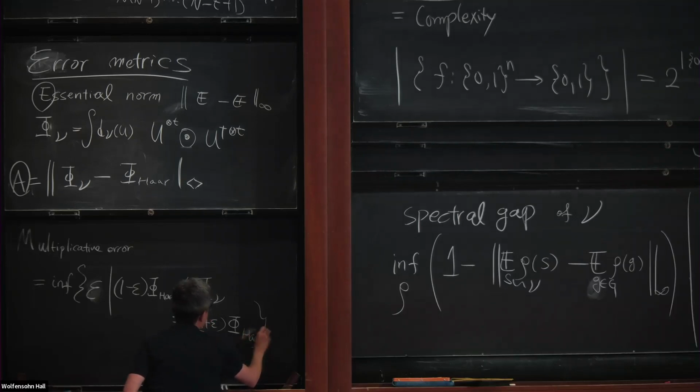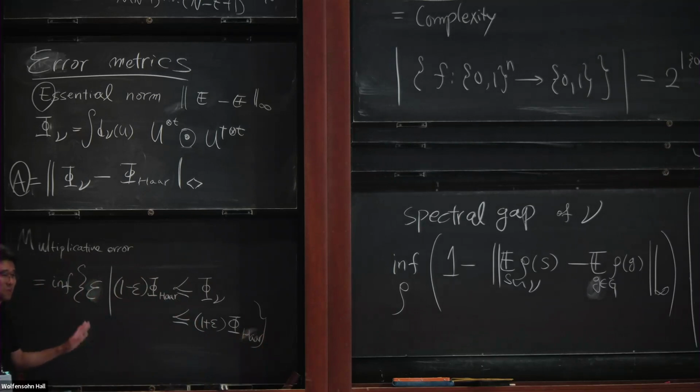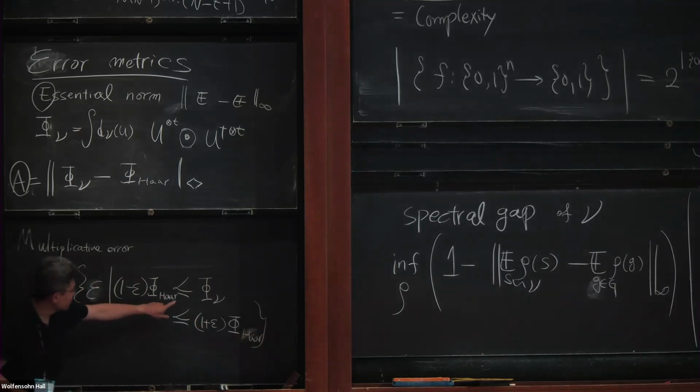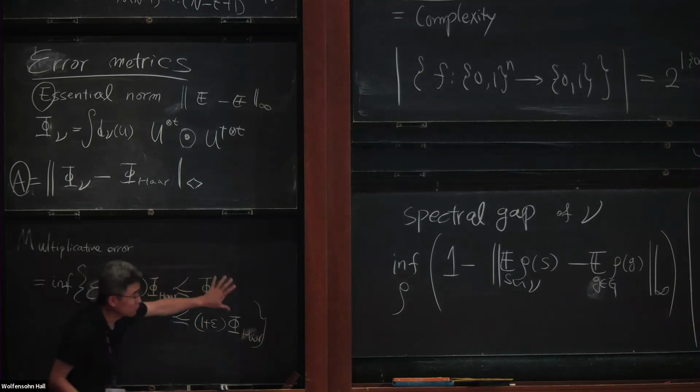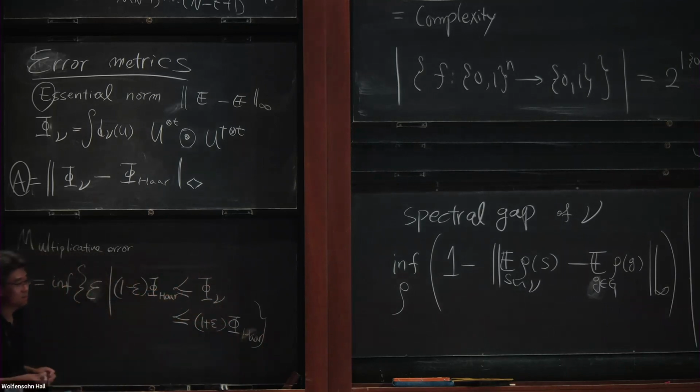Thanks. So multiplicative norm is, well, it's not exactly a norm, but multiplicative error is defined to be the smallest epsilon such that this inequality holds, where the inequality means that if you move this thing over, then the channel is completely positive.